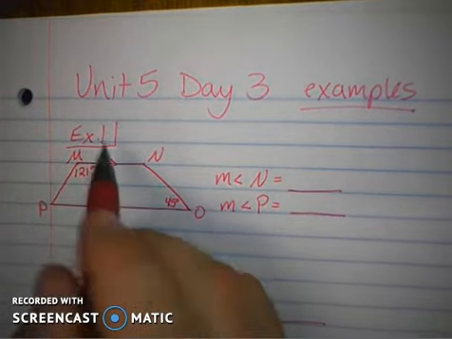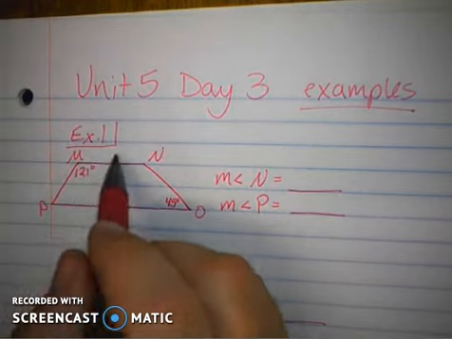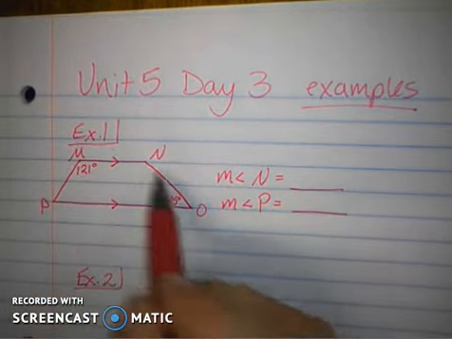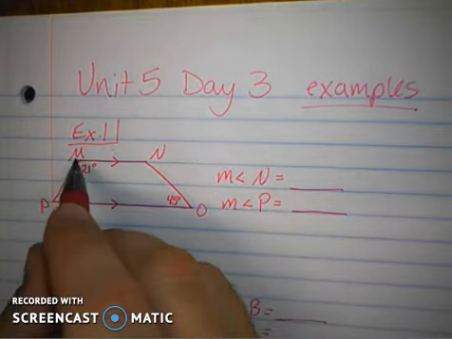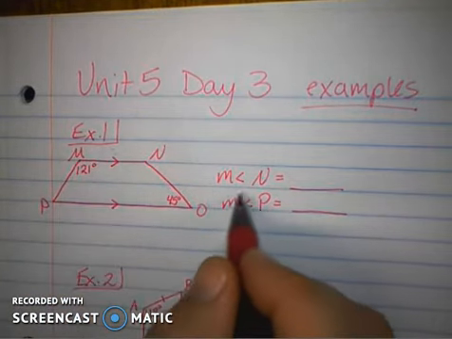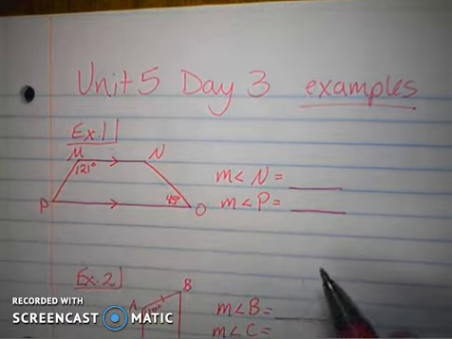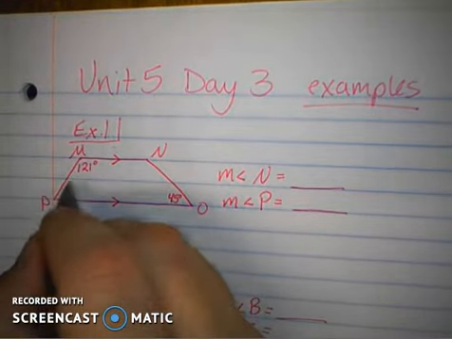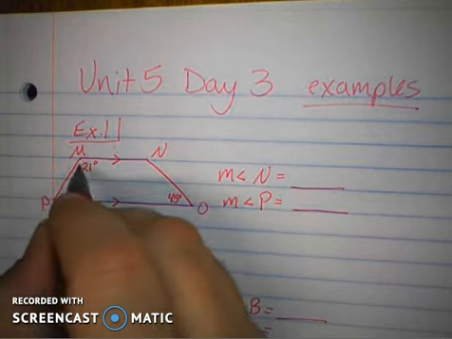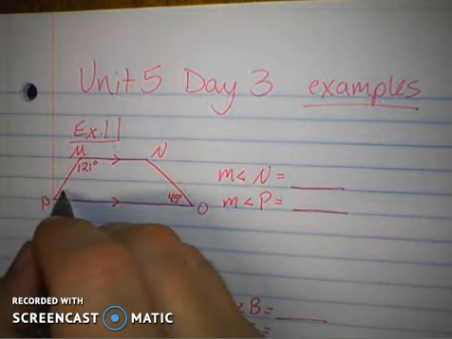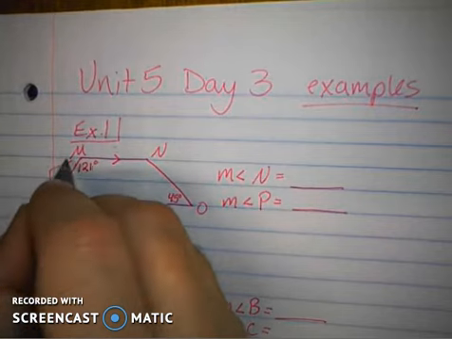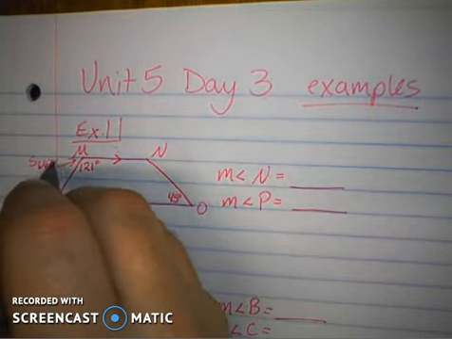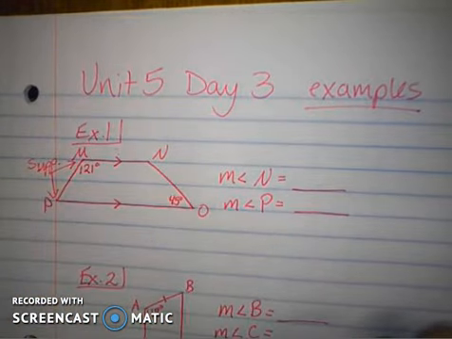All right, here's what we're going to do in example 1. We are given a trapezoid because MN is parallel to PO, but the other sides are not parallel. And we give you angle M and angle O, and they want these other two angle measures. I want you to remember that the angles that would be considered consecutive interior angles, so these consecutive angles on this side, are supplementary. Okay, those are supplementary.